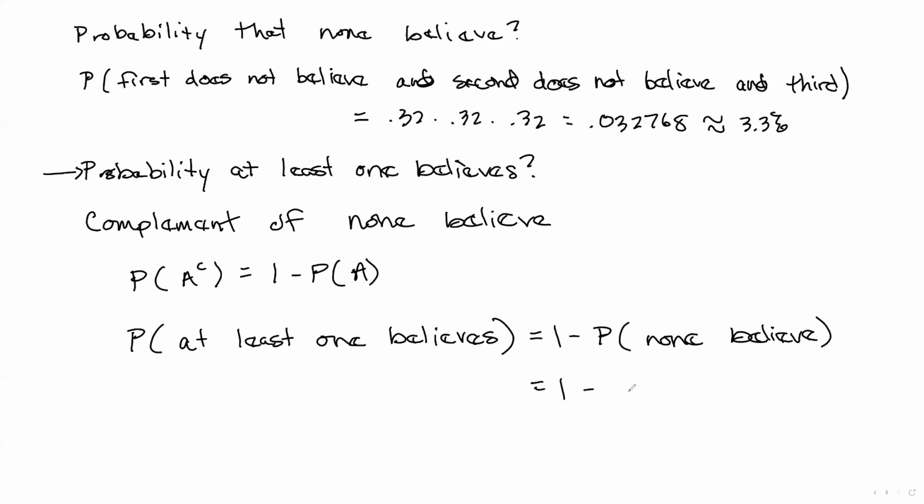In other words, 1 minus 0.032768. And break out your calculator one more time. 1 minus 0.032768. We get 0.967232, or about 96.7%.